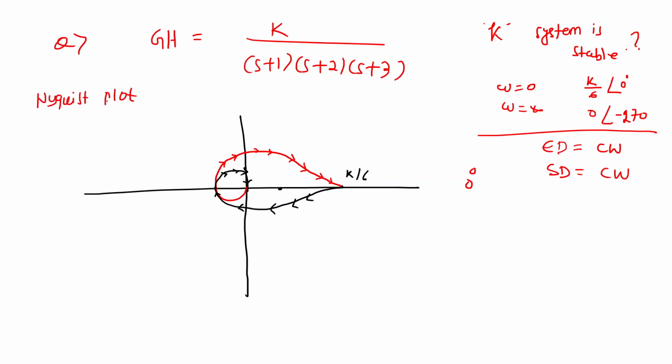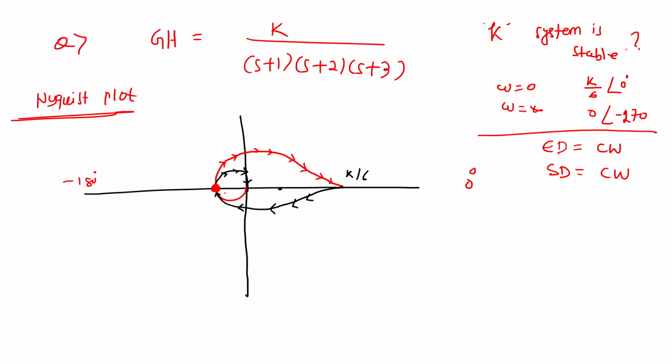But in the question, he is not asking for the Nyquist plot. He is asking us to find the K value for system stability. In the Nyquist plot, wherever this line crosses the minus 180 degree line, you need to find the K value at this point. First you have to find the omega value at this point.